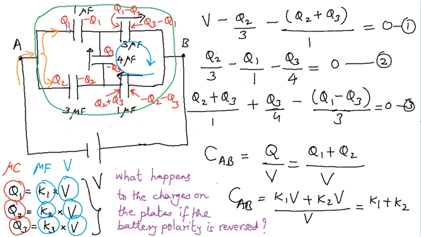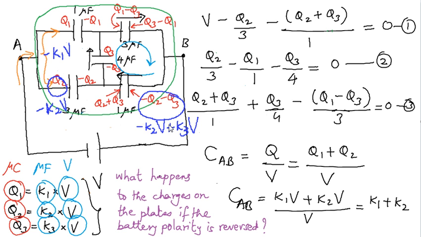In other words, the charge on this plate before the battery reversal was Q1, which is of course equal to K1 multiplied by V. But after the battery is reversed, the claim is that this charge will no longer be K1 into V, but rather it will be minus K1 into V. Similarly, this charge before the battery reversal was equal to K2 multiplied by V, and after the battery reverses it's going to be minus K2 into V. Let's now look at this charge, which is minus Q2 minus Q3, which means it was minus K2 multiplied by V minus K3 multiplied by V before the battery was reversed.